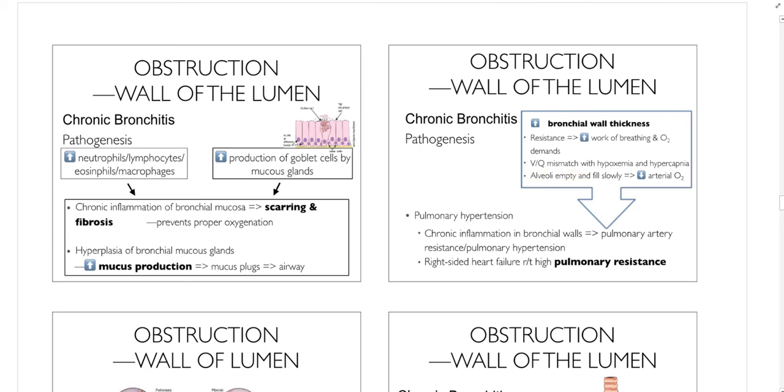The alveoli normally are empty, and they begin to fill slowly, leading to a decrease in arterial O2. I'm not following that exactly. So, I mean, they're probably going to fill kind of slowly via the mucus production that we have and a lack of cilia that develops over time from this chronic inflammation and replacement of the endothelium with scarring and fibrosis.